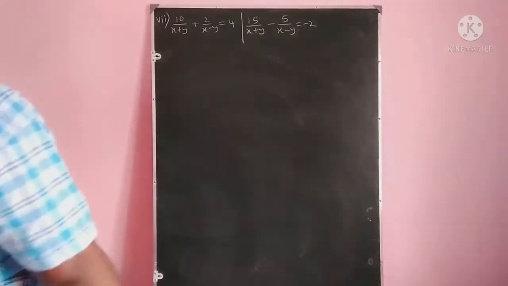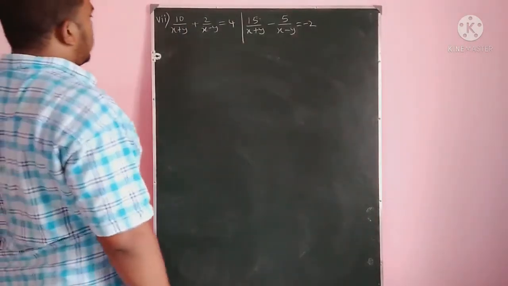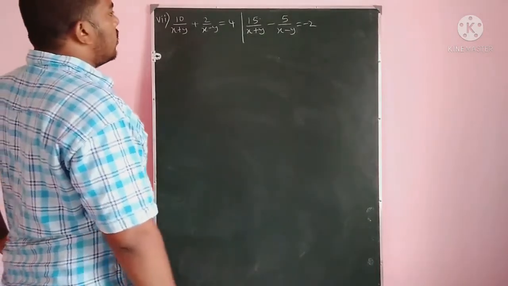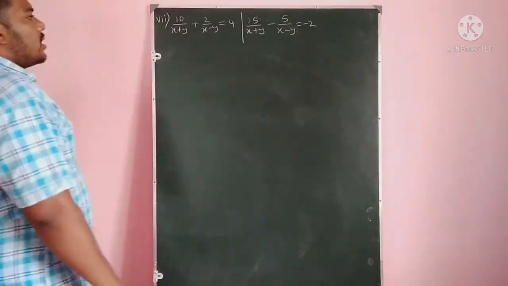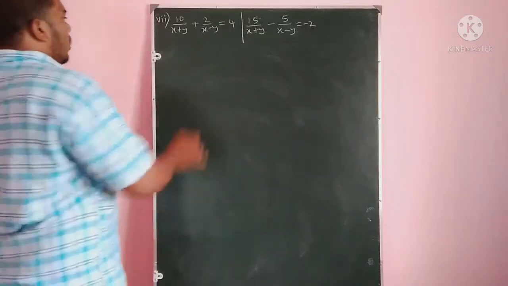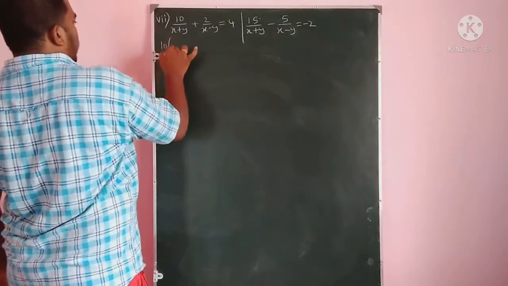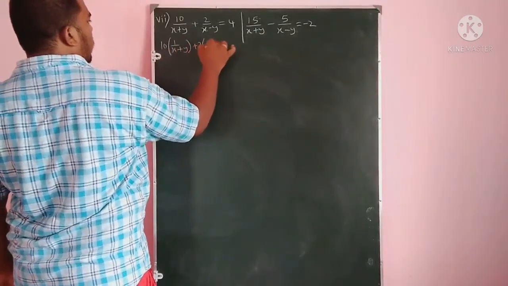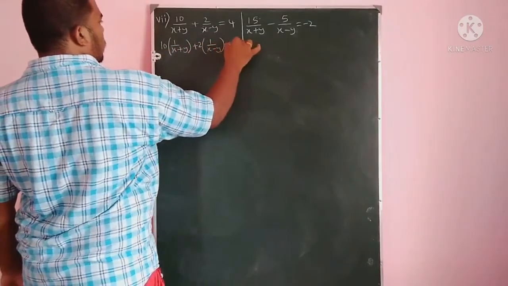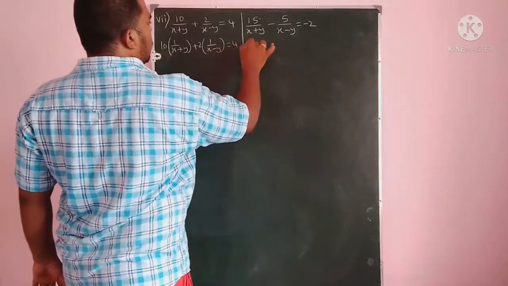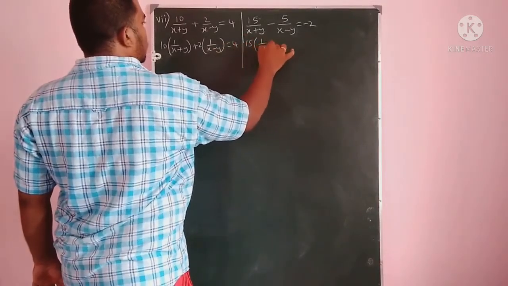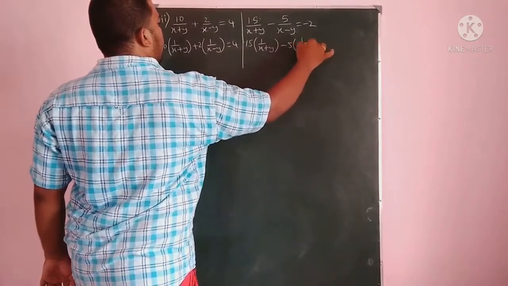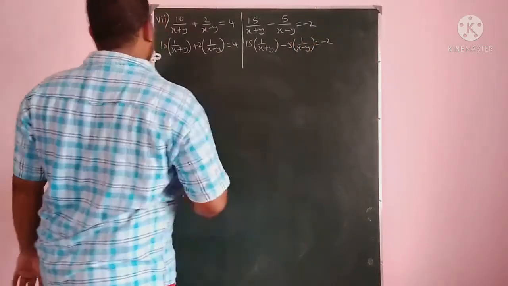Seventh question, 10 by x plus y plus 2 by x minus y equals to 4. 15 by x plus y minus 5 by x minus y is equal to minus 2. As usual, first the coefficient into the variable part: 10 into 1 by x plus y plus 2 times 1 by x minus y is equal to 4. 15 into 1 by x plus y minus 5 into 1 by x minus y equals to minus 2.